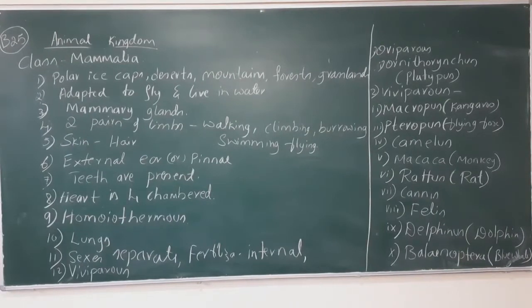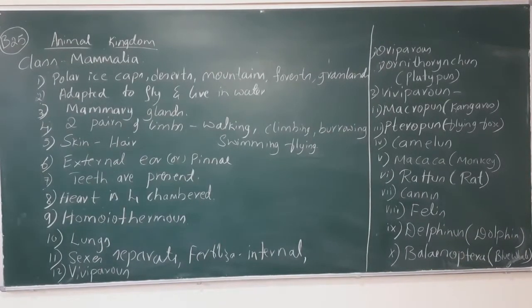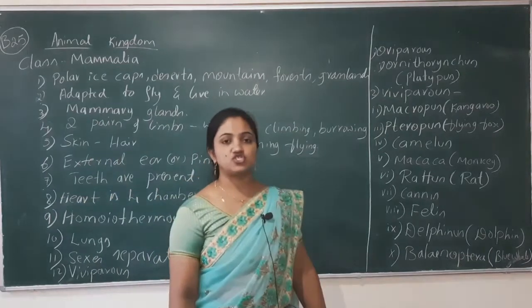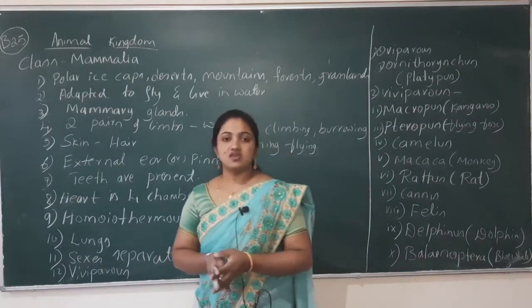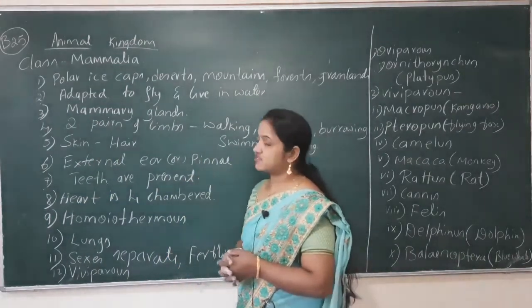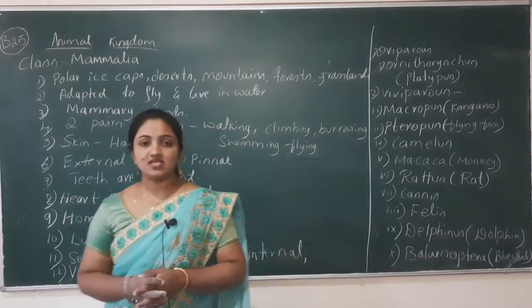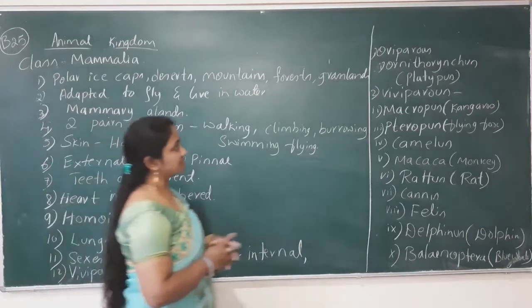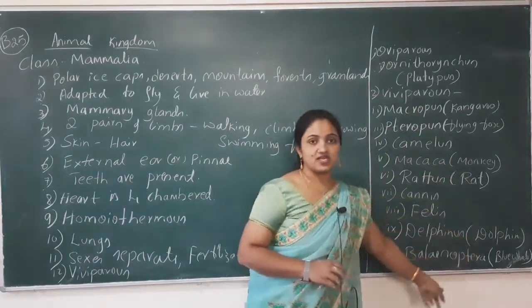After the class Aves, we have the last class known as class Mammalia. The first characteristic feature I mentioned in the class Mammalia is about the habitat. If you see the habitat, it has various kinds of habitat. Number of examples are there. All these are examples.